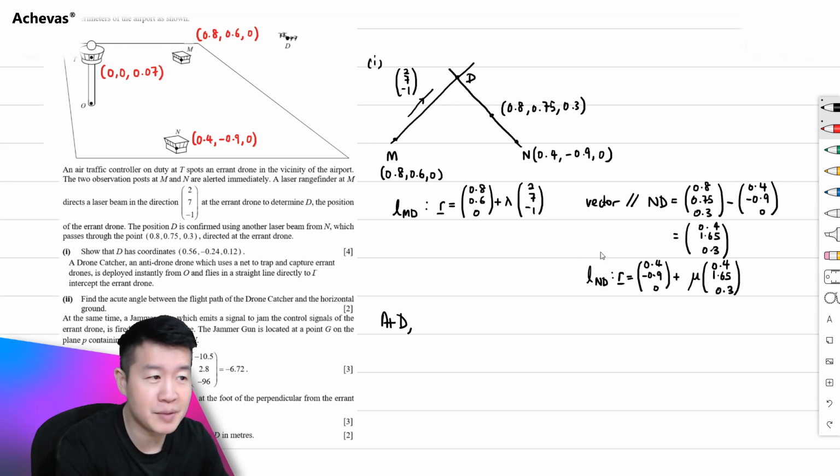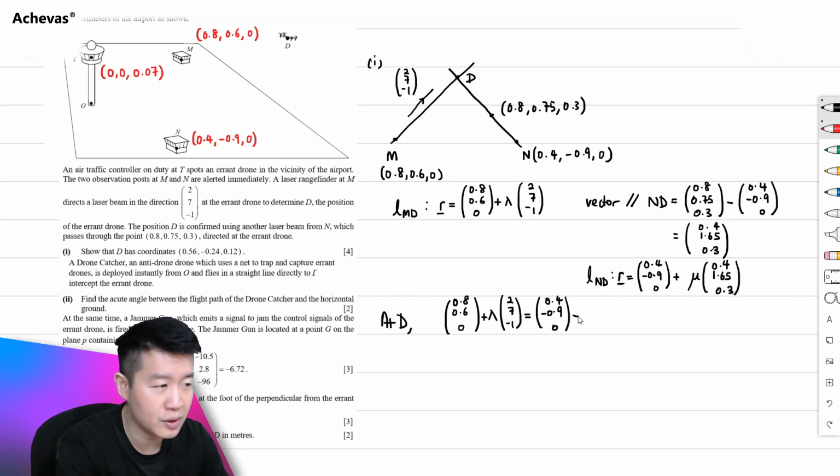If I solve them simultaneously, r is the one that is shared, so I'm going to match the r to the r. So at the point D, (0.8, 0.6, 0) plus lambda of (2, 7, -1) is going to be equal to (0.4, -0.9, 0) plus mu of (0.4, 1.65, 0.3).